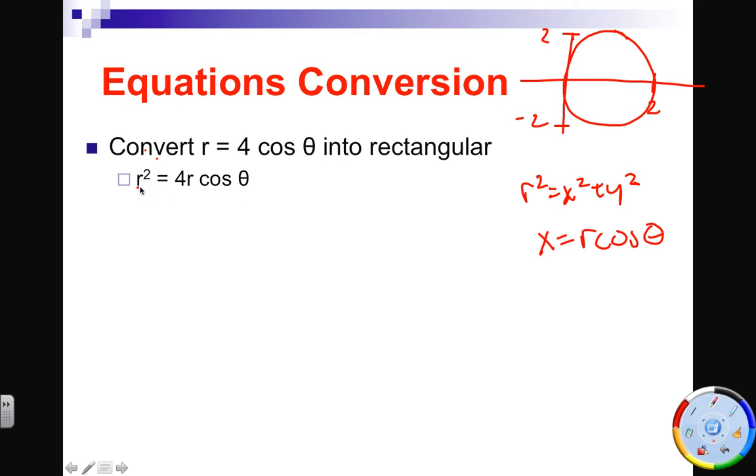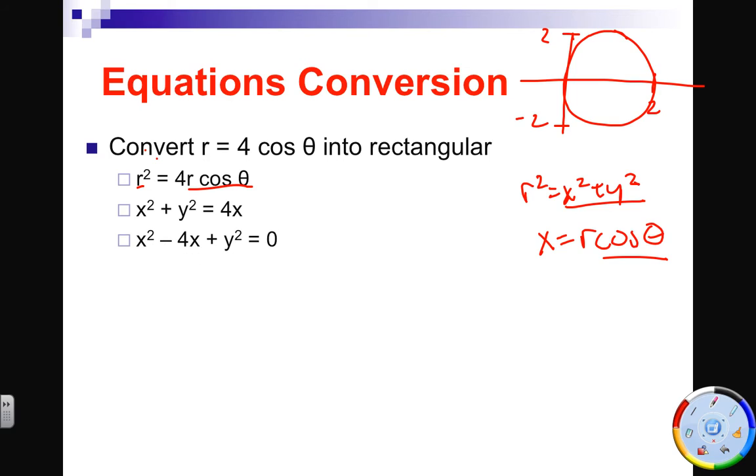Well, I have an r squared that I can replace, and I have an r cosine theta that I can replace. So I'm going to do that. So I have x squared plus y squared equals 4x, which is not exactly finished. Yes, that is a rectangular equation, but it doesn't really tell me what the equation is. It kind of makes me think it's a circle.